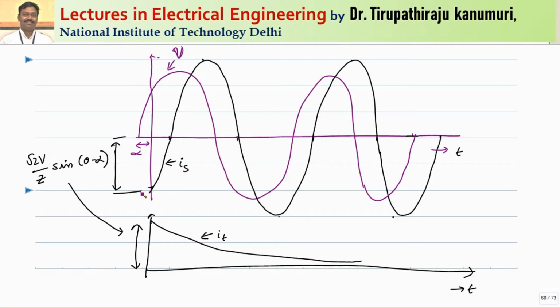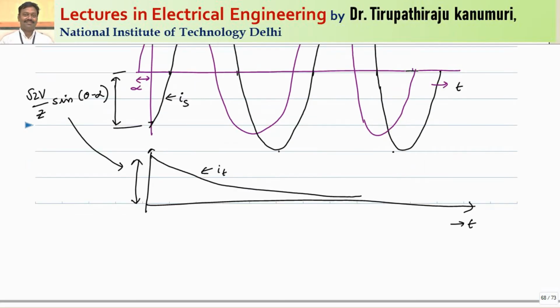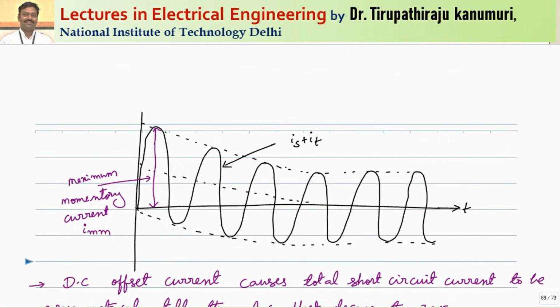Now this transient current at this instant should be of exactly opposite polarity to this one. So this is my waveform for the transient component of the current, and gradually the transient component will die out. If you take the sum of the steady state current and the transient current at t equal to 0, at the instant of closing of the switch, the net current will be equal to 0. This is my DC envelope, gradually decaying with respect to time.